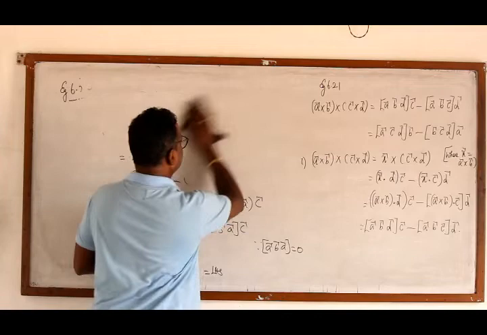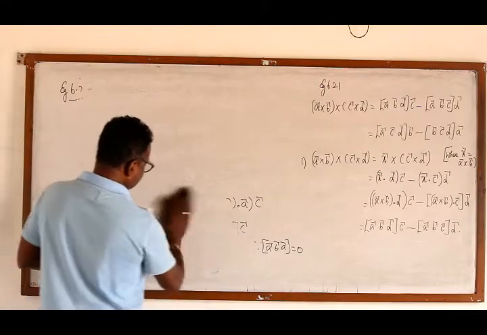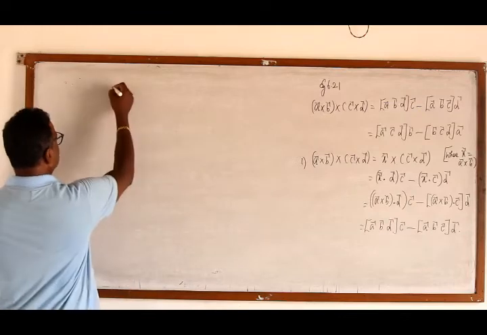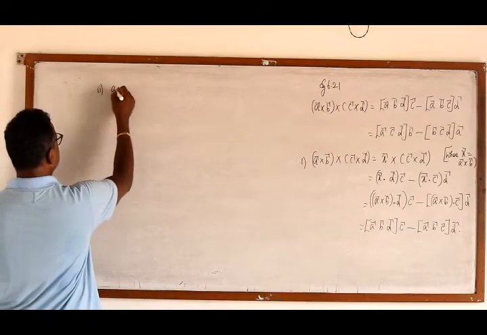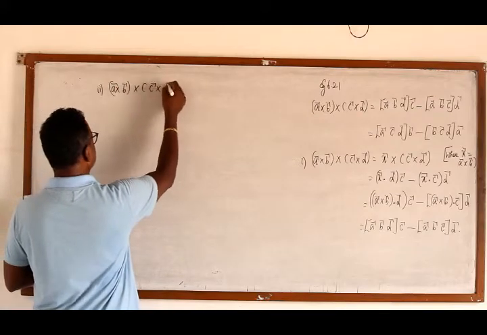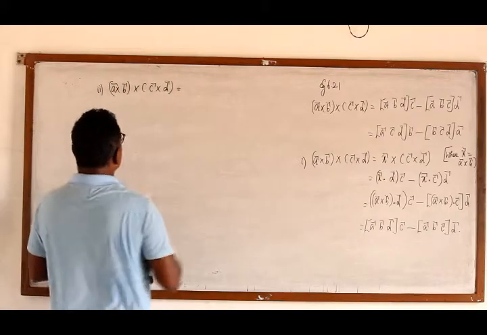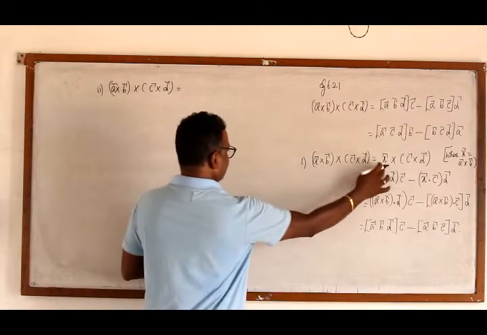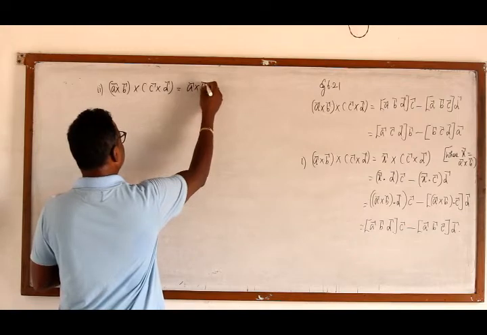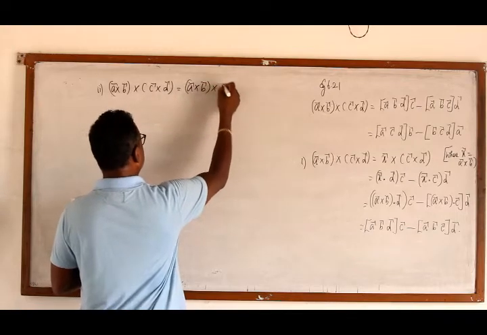Similarly, I can prove the second one by taking the same left hand side, that is A cross B cross C cross D. We assumed the first one to be x and then we proved this, isn't it? Similarly, let me assume the second one as some other vector y.